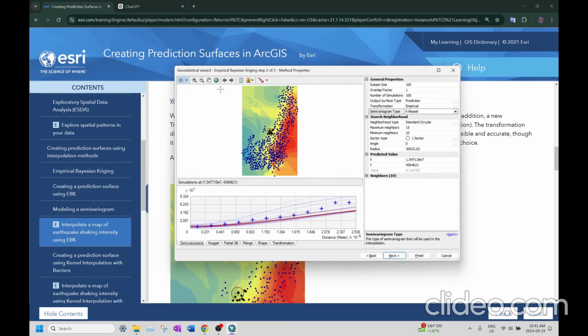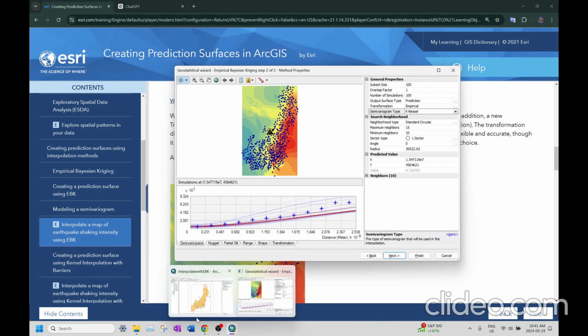And you can open the wizard in ArcMap, and you have to set several parameters.